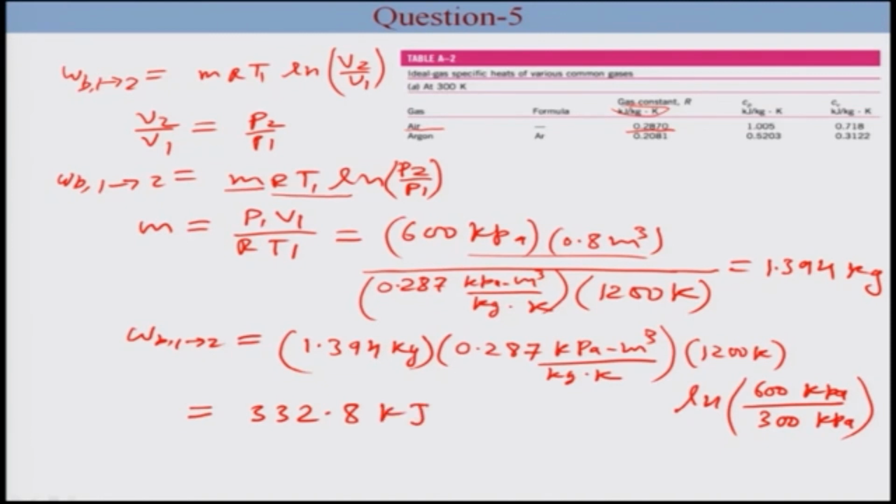So now plugging this value into the energy balance equation.